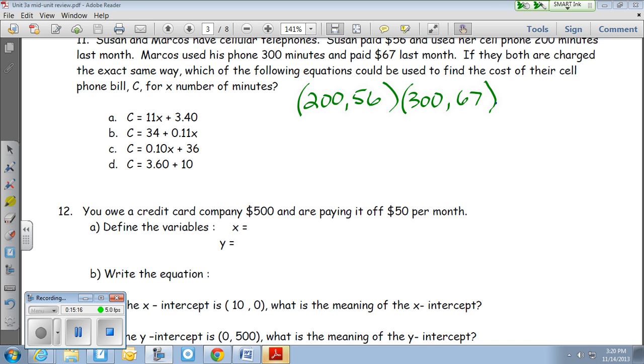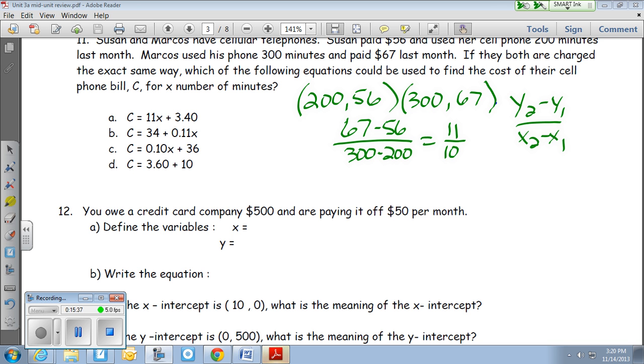Knowing that the y's depend on the x, the cost depends on the minutes. So then I can use my slope formula of y2 minus y1 over x2 minus x1. So 67 minus 56 over 300 minus 200 gives me 11 over 100.